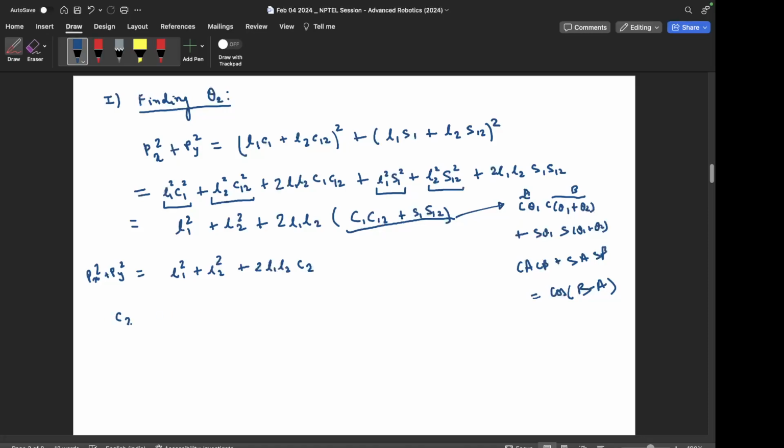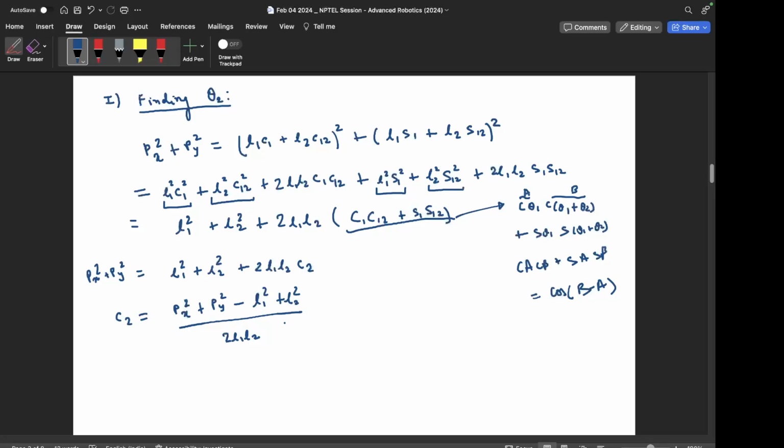So the expression for cos theta 2 is, wait, first we'll have to write px square plus py square minus L1 square plus L2 square by 2 L1 L2.